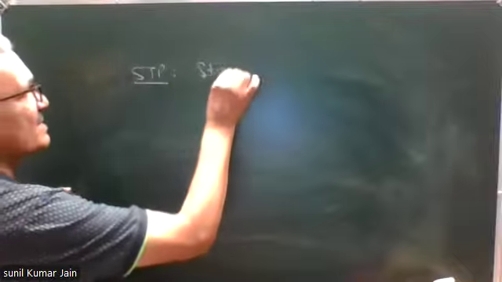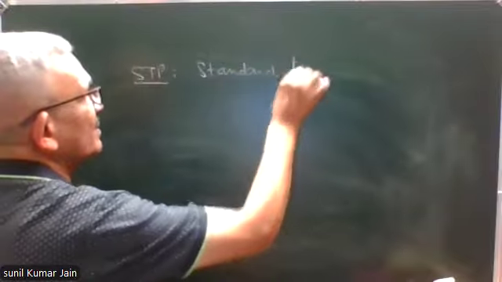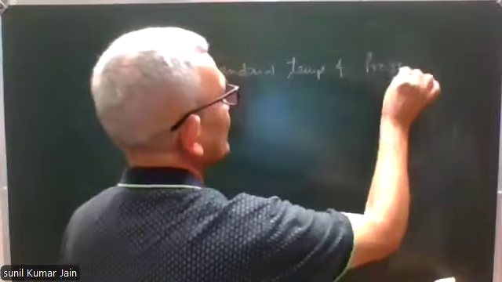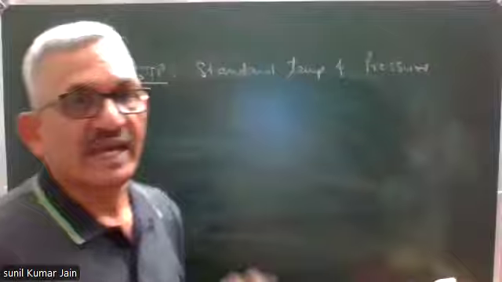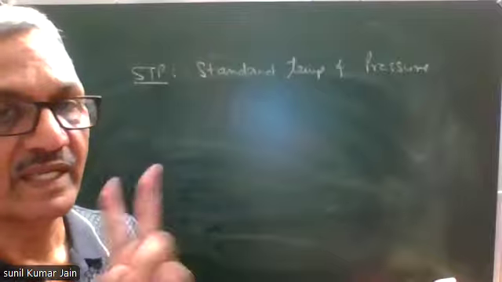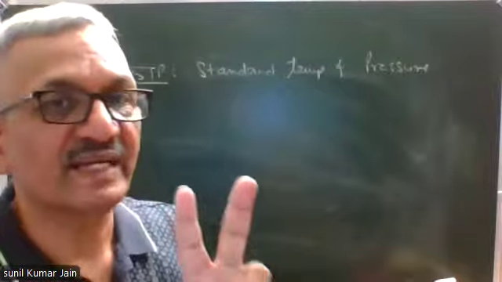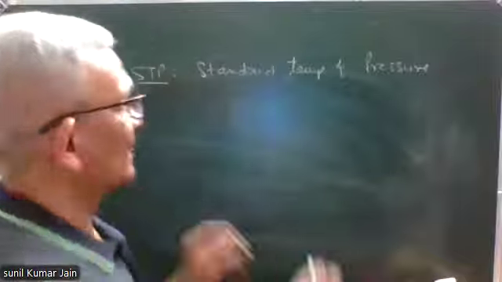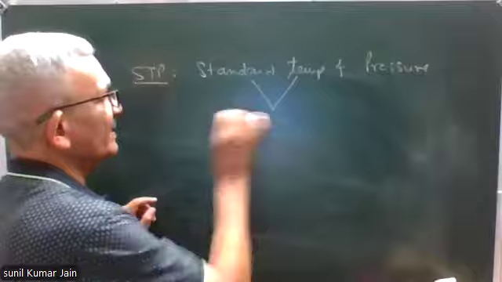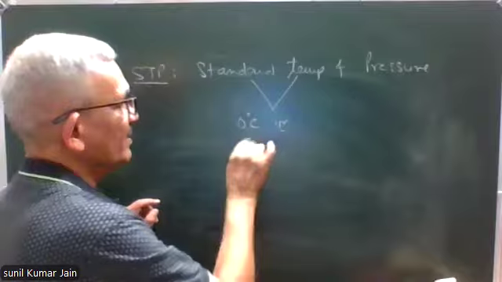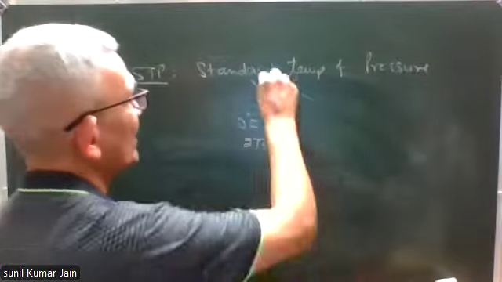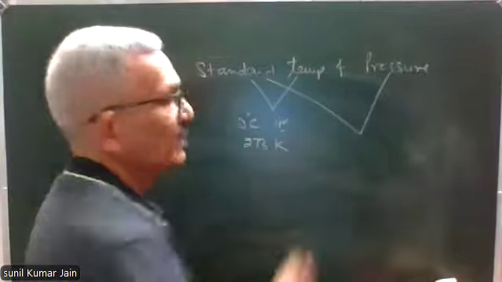Now, what is STP? This is standard temperature and pressure. Abbreviation for standard temperature and pressure is STP. There are 2 things in this. One is the standard temperature and the other is standard pressure. Standard temperature is 0 degrees centigrade, or I can say 273 Kelvin. Then what is standard pressure?